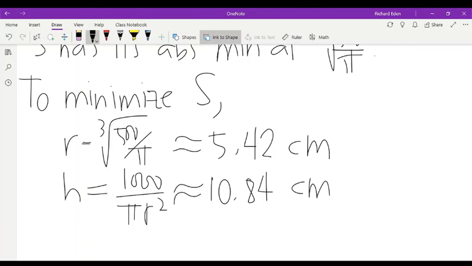And in case you're wondering, it's actually not a coincidence that h is double the radius, because you could use the exact value of r, plug it into the denominator r squared of h, end up with the exact value of h, and then use those exact values to show that h is actually double r. So these are the dimensions that will minimize the surface area. End of problem.